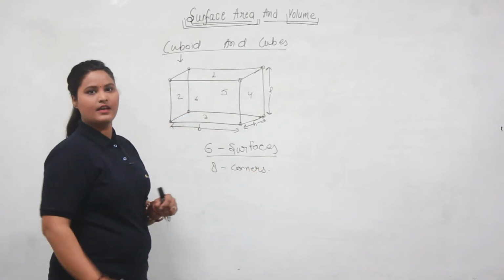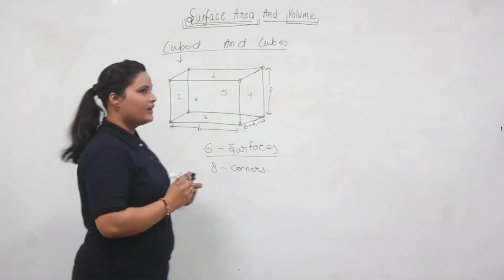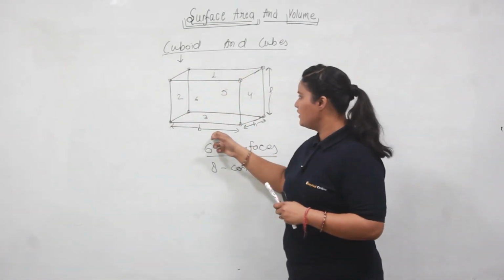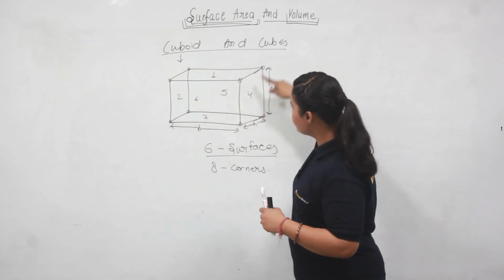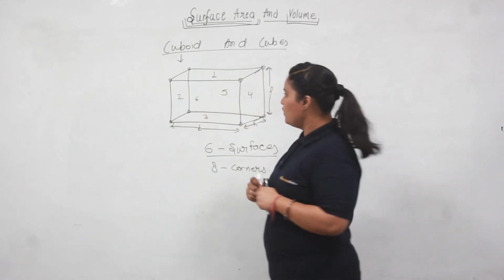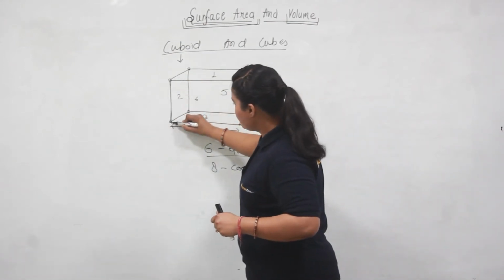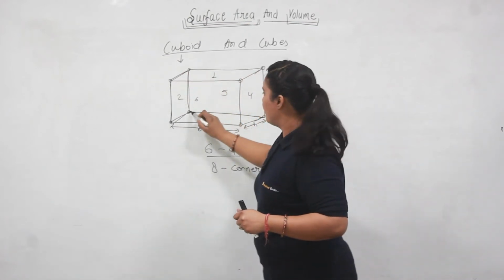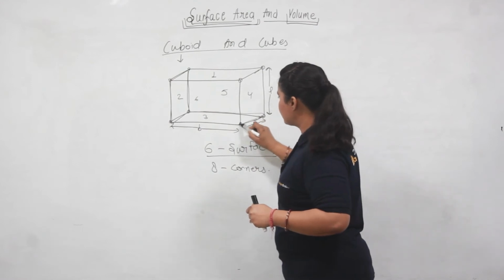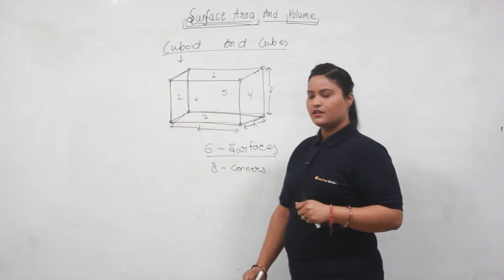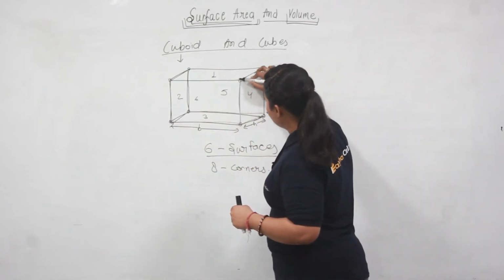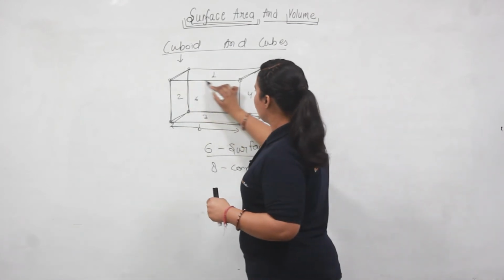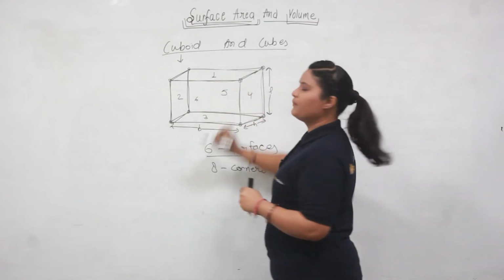Clear? Understood? Okay. Now let's talk about the lines. If I have to draw this figure, how many lines have I drawn? 1, 2, 3, 4, 5, 6, 7, 8, 9, 10, 11 and 12.